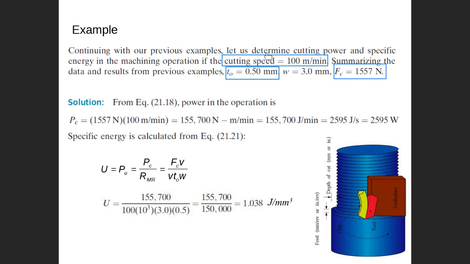To get the power, you need to multiply FC by V. We don't have FC, so how to obtain it? If I give you shear stress, then you have to obtain the shear force. You get the shear area and shear stress, then you get the shear force. When you get the shear force, you can get FC from it, and then you can obtain the power.